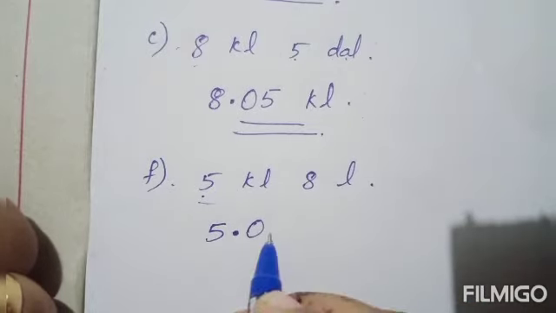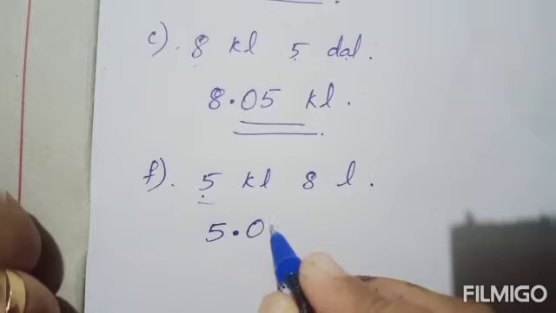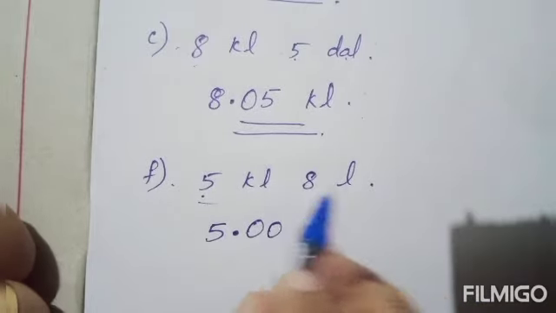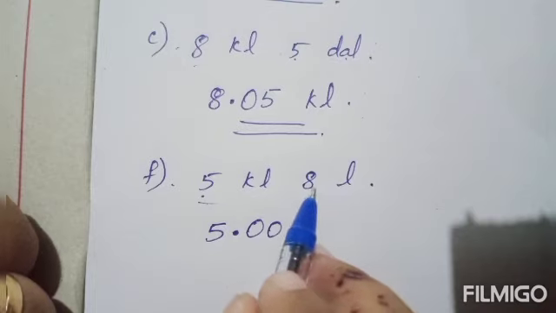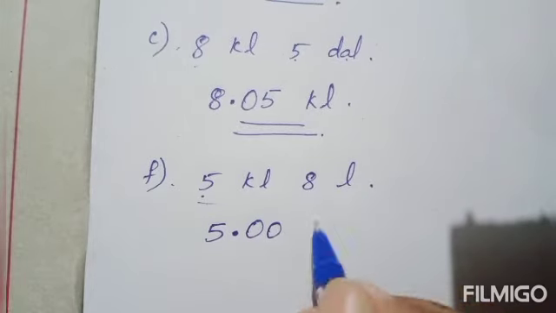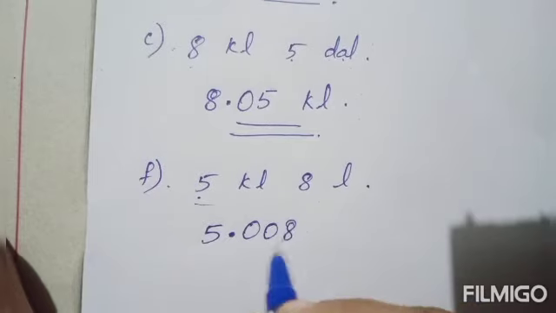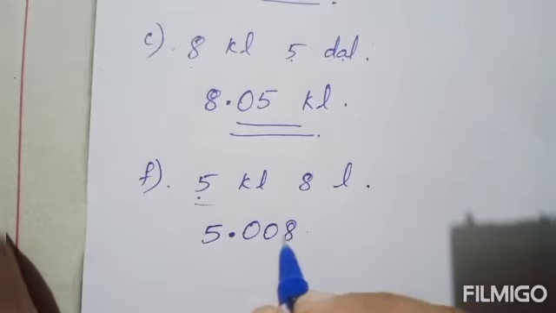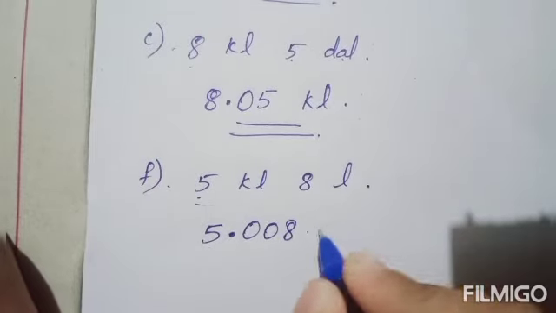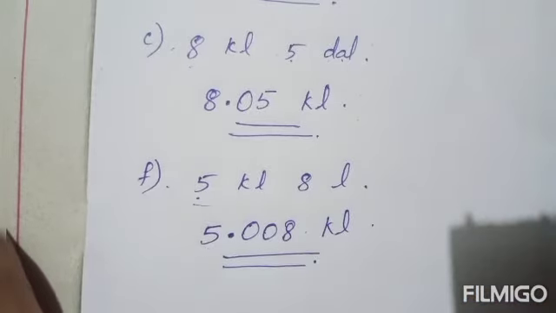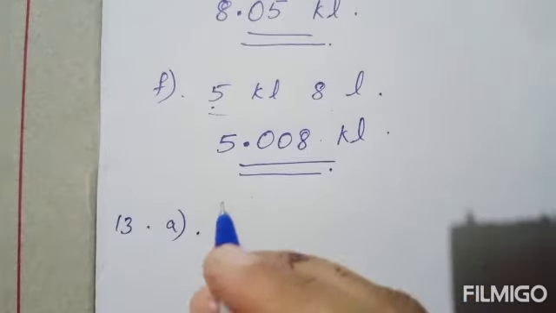Now the 100th place is decaliter. That is also not given, so put 0. Now 8 liter is given in the question, so in the 1000th place you can write 8. So 5.008 kiloliter.